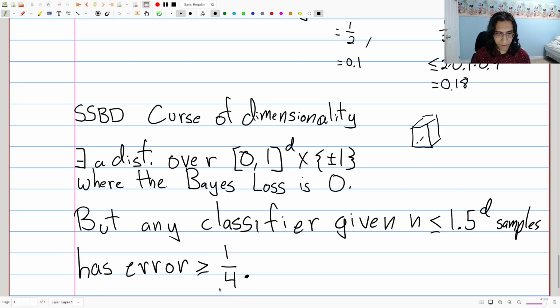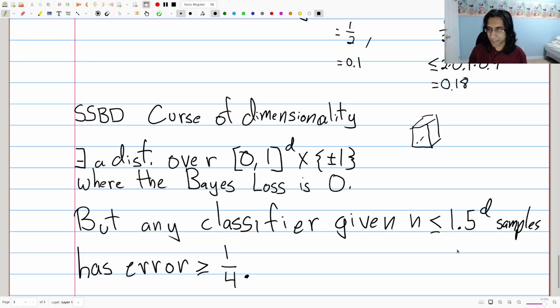So 1/4 error is kind of a lot, in the sense that we'd really like error which goes down to 0. This is just an arbitrarily picked constant. We'd really like a very small error if we're taking a lot of samples. But the main thing here is, what is the threshold for being able to get around this theorem? We need n to be greater than or equal to 1.5^d.